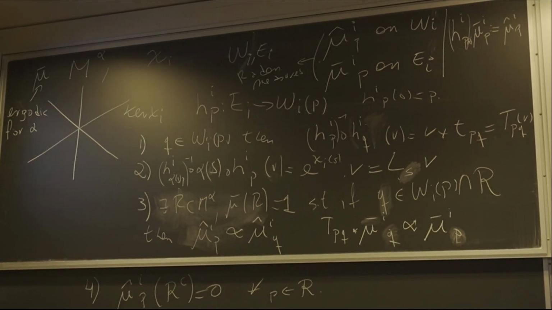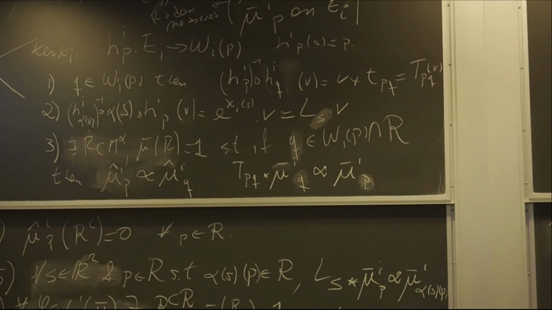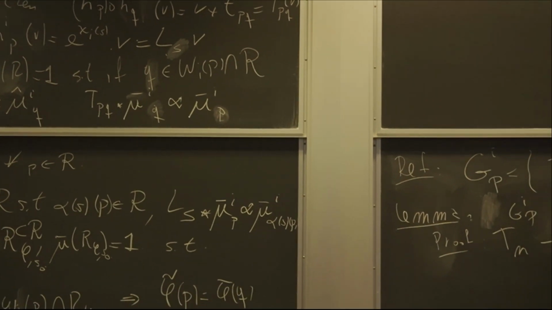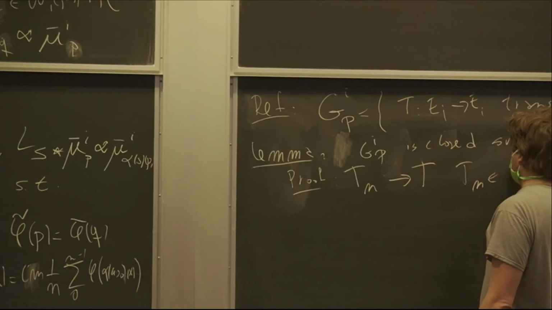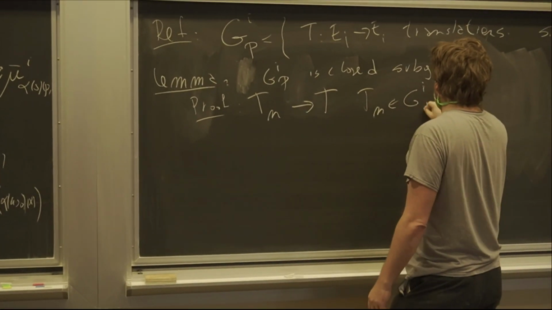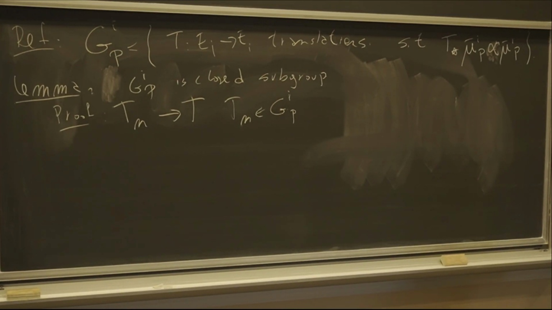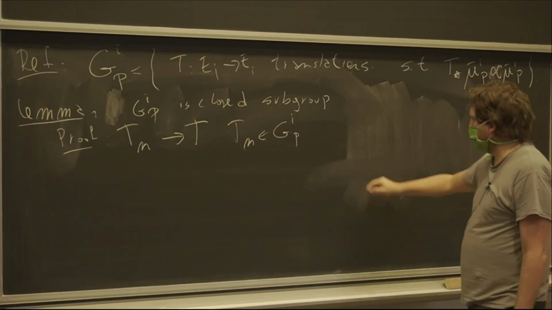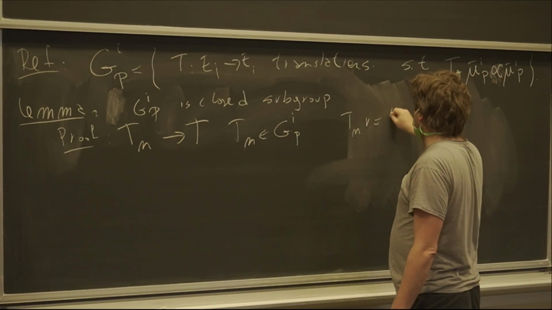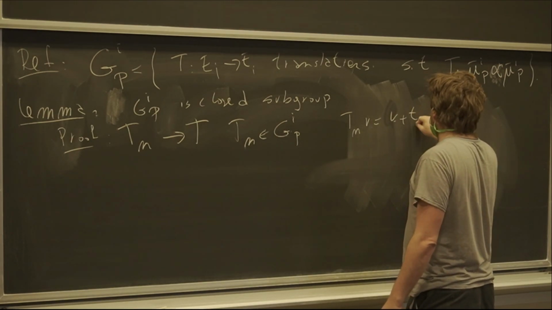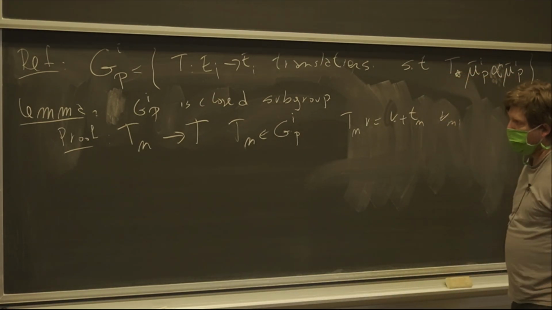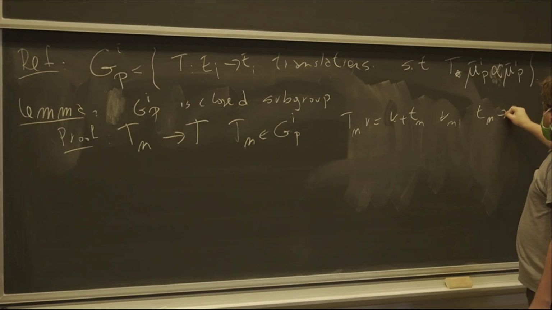So we take Tn going to T, Tn in GIP. So Tn of B is V plus some t sub n for every n, and t sub n is going to t.